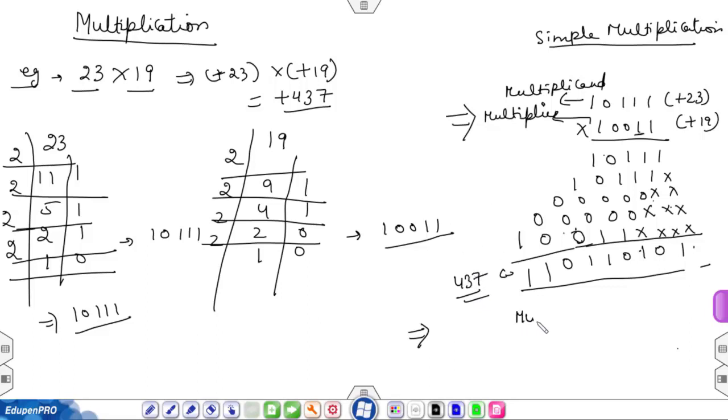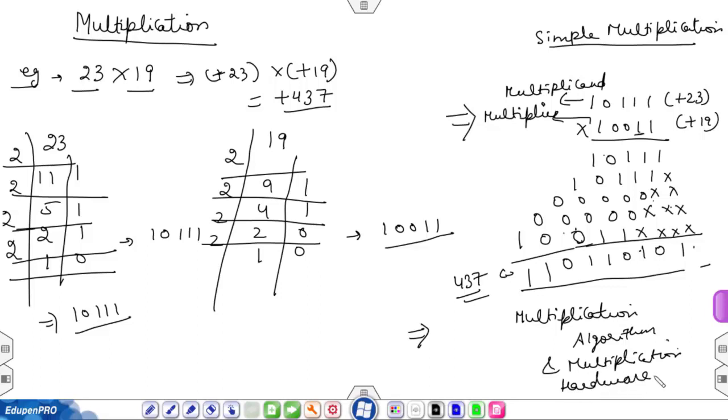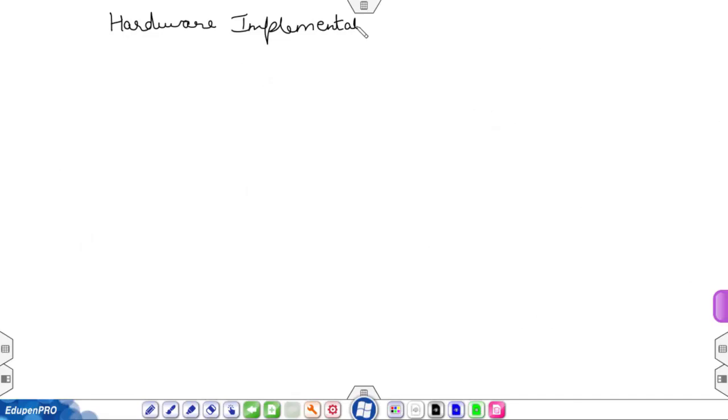Now we will talk about the multiplication algorithm and multiplication hardware implementation in computer architecture. We have to do hardware implementation for multiplication in computer architecture.